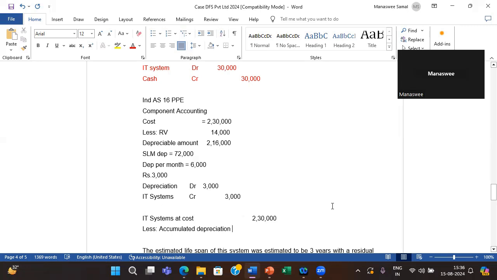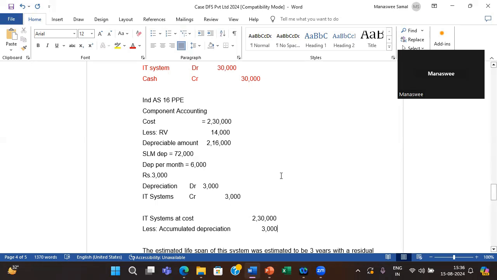Then less accumulated depreciation. Since this is the first time period we are charging depreciation, my accumulated depreciation will be 3,000. Trust me, if June is over, my accumulated depreciation will be 9,000. Why? Monthly, my depreciation is 6,000.